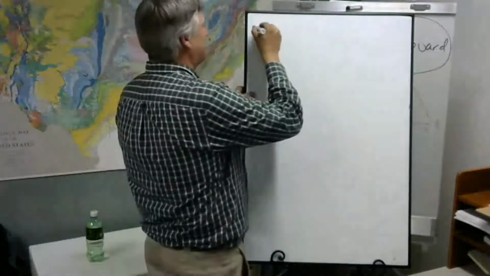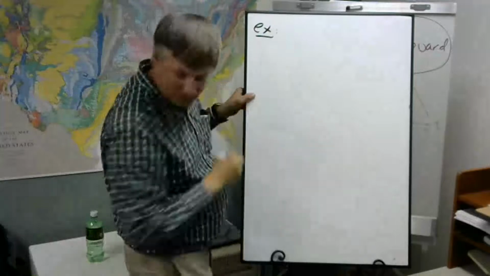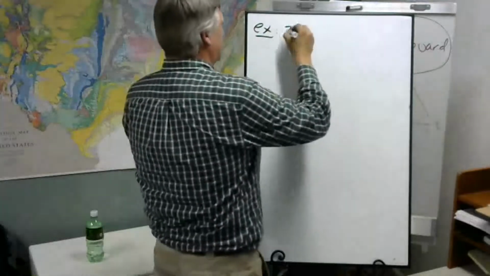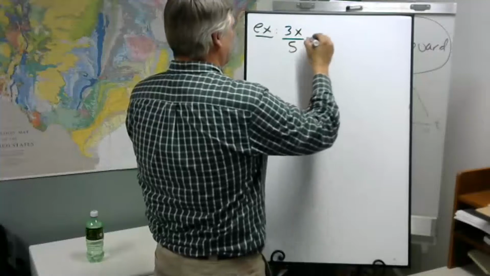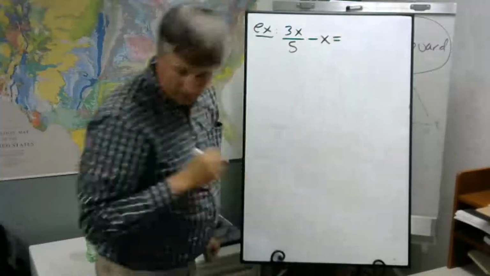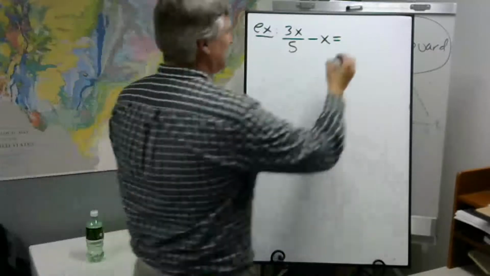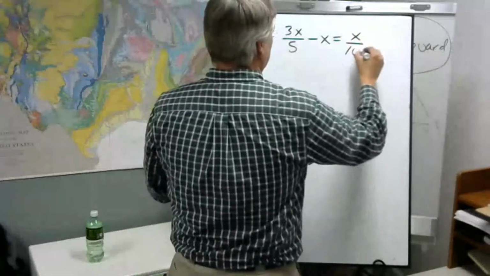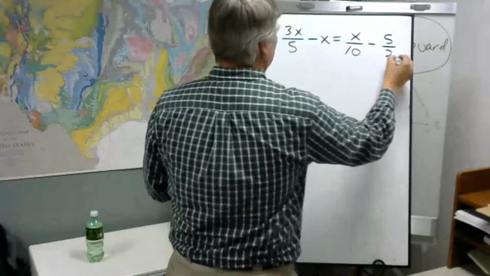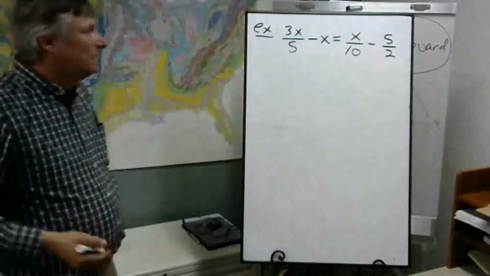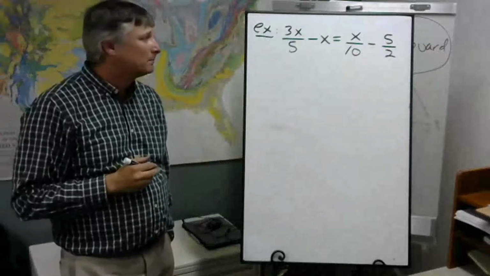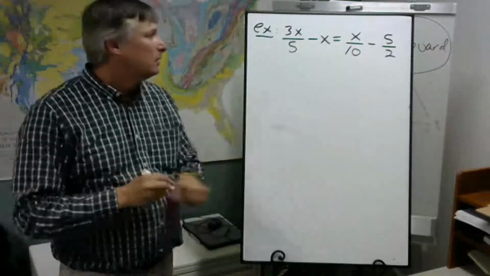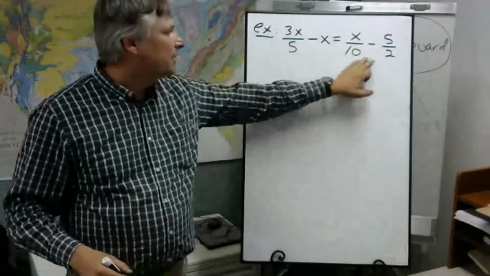Let's see. Let's say we have this. How do we solve for x in this case? What we want to do, we have these fractions with denominators.